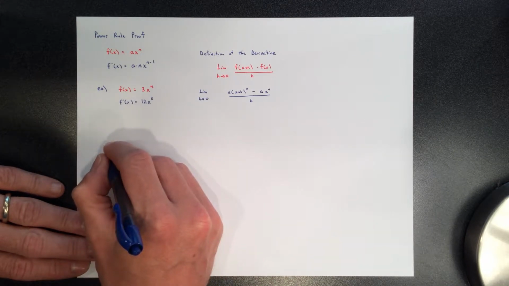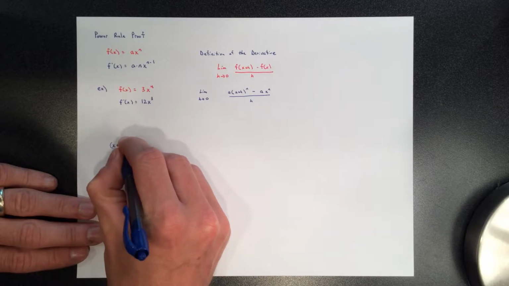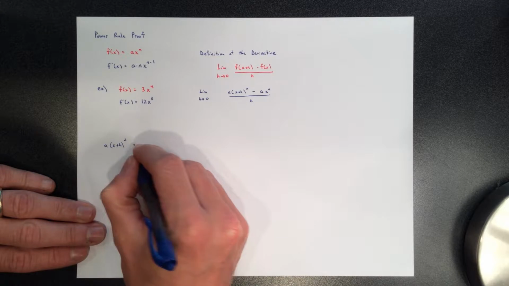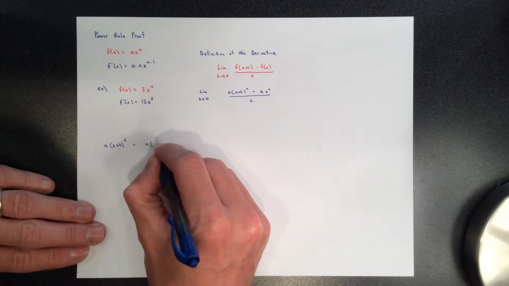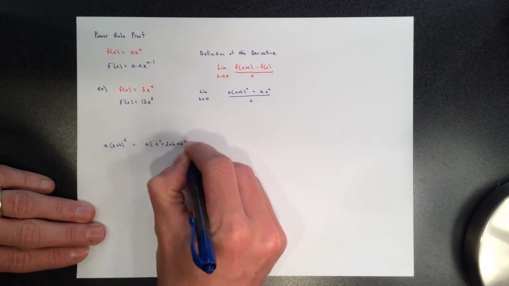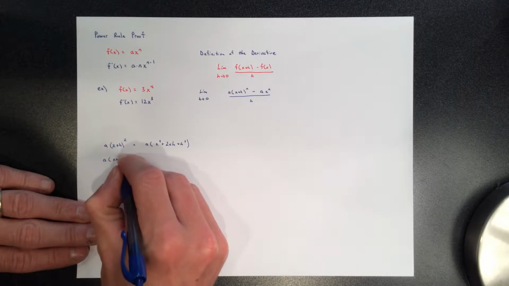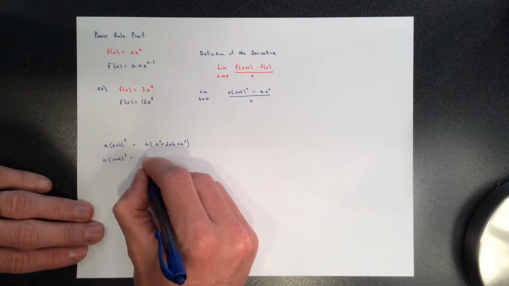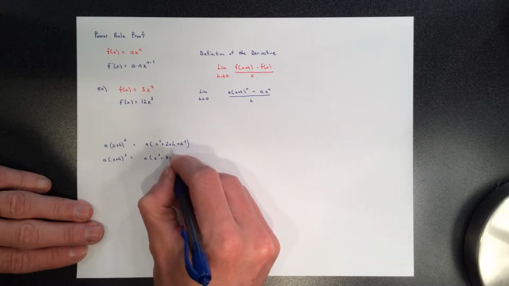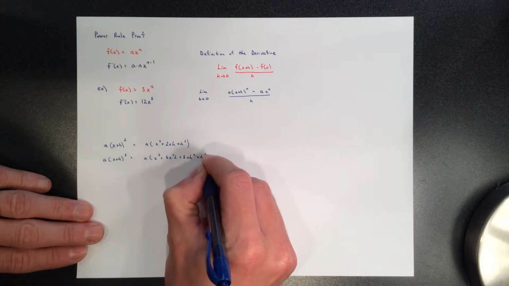So what if I had x plus h squared? What if n was a 2? Well, this would be a times x squared plus 2xh plus h squared. What if it was cubed? I'm trying to find this pattern here. x cubed plus 3x squared h plus 3x h squared plus h cubed.